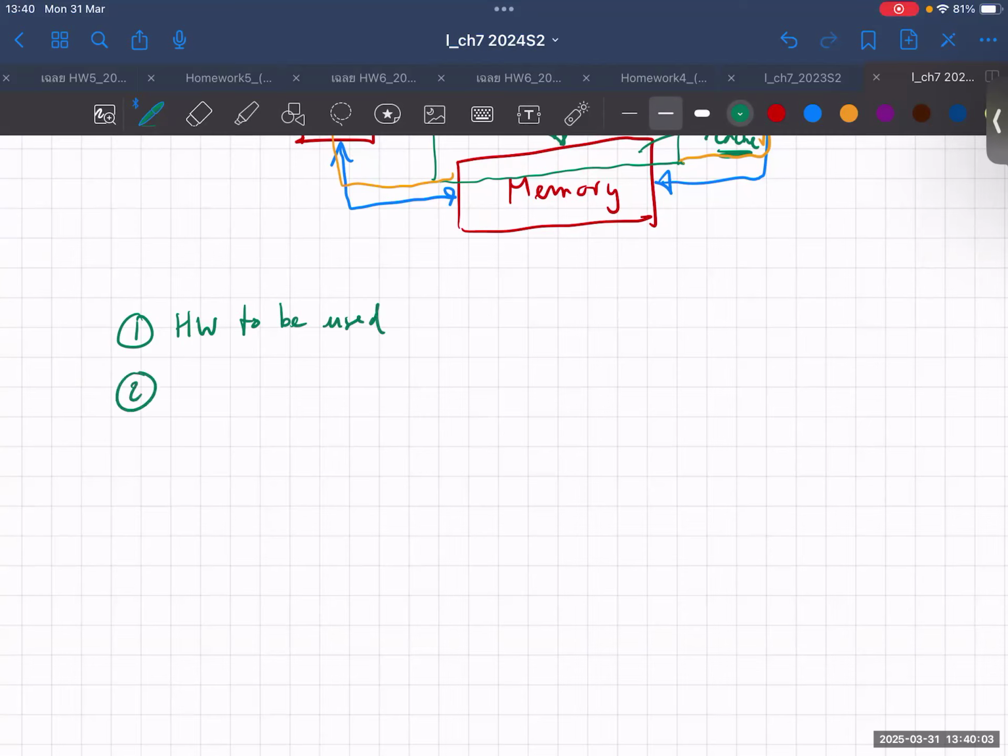Or two, the software to be used? Or the third one, will you be concerned about the algorithm used? Algorithms mean the sequence of events or steps that you're going to work on. And number four, the user manuals.